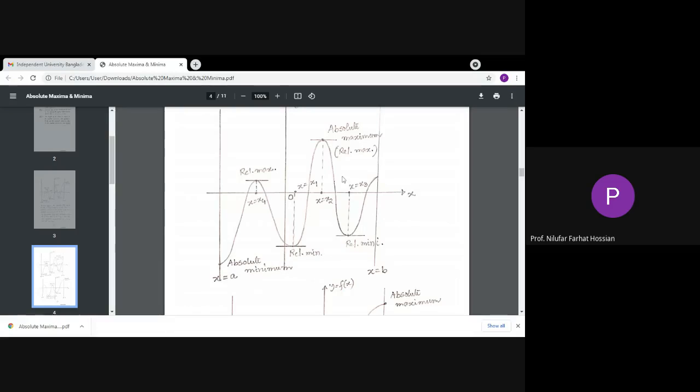In that case, you are getting an absolute maximum, but you will not get any absolute minimum, because if this graph goes to negative infinity here, you are not finding any absolute minimum. I'm repeating it: if there is any discontinuity in the graph, there may not be any absolute minimum, or there may not be any absolute maximum. It depends on the shape of the graph.